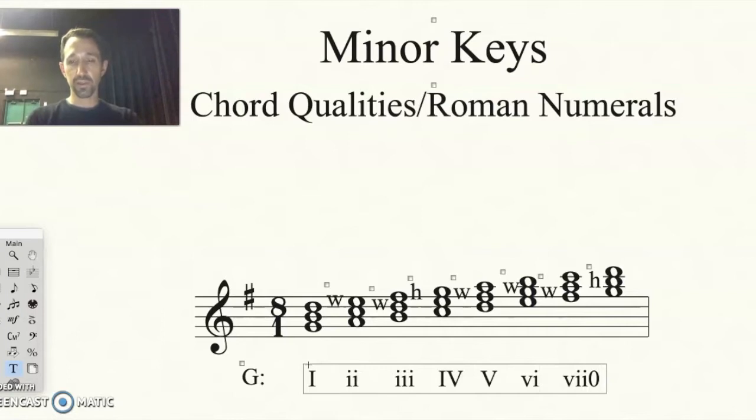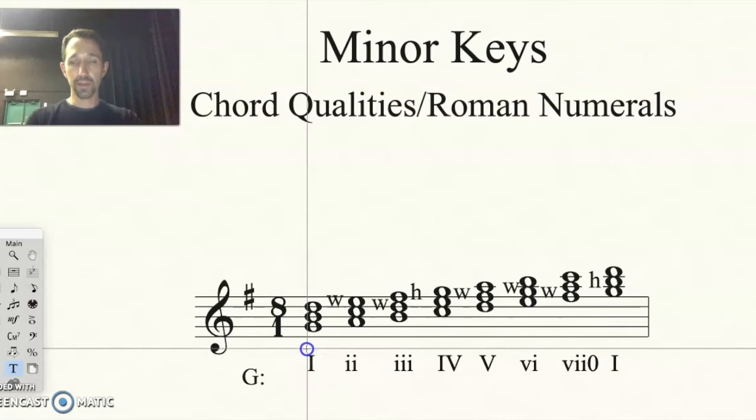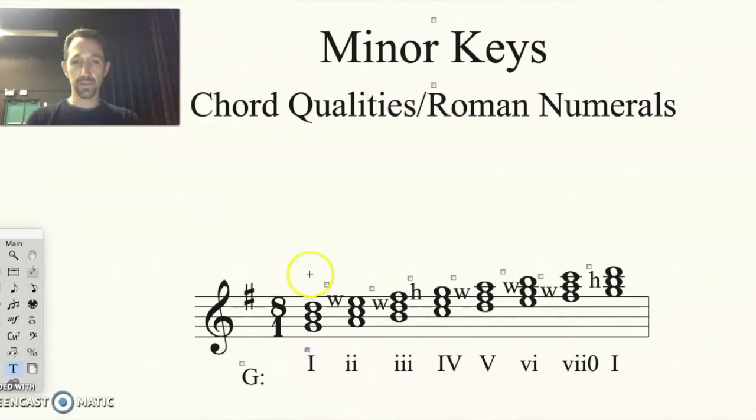Forgive the huge 0, that really should be a superscript little 1. And then we're back to 1 where we started. So this remains consistent because of the whole step, half step orientation that is also consistent. I think we understand that at this point.